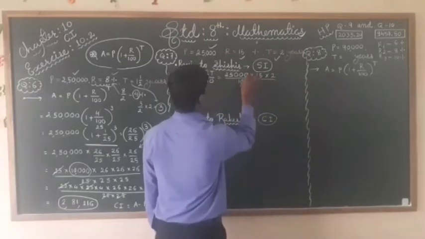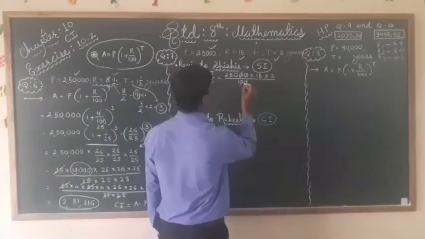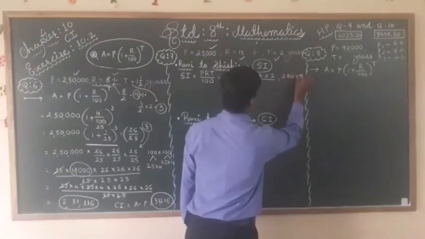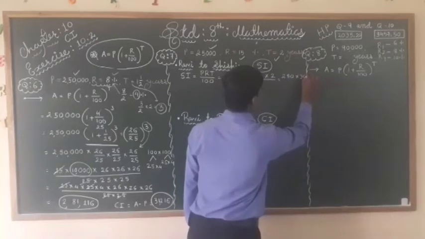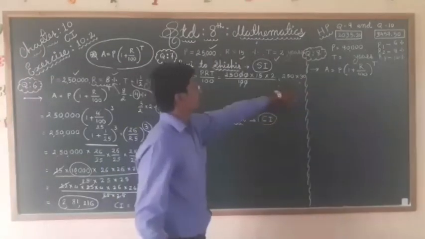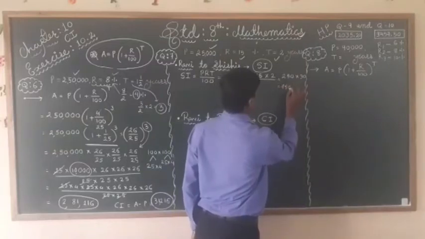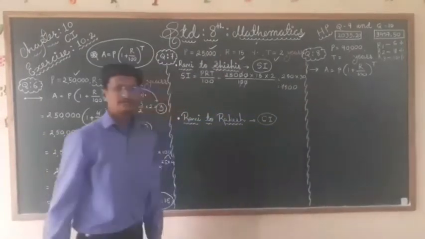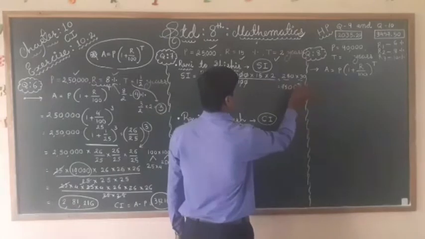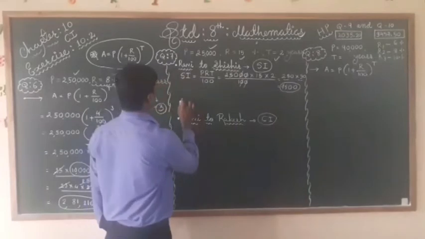So cancel the zeros. Got it? Now here 30, so 250 multiplied by 30. If you do the multiplication, 25 threes are 75 and two zeros. So it is 7,500 you will get. So your answer is 7,500.